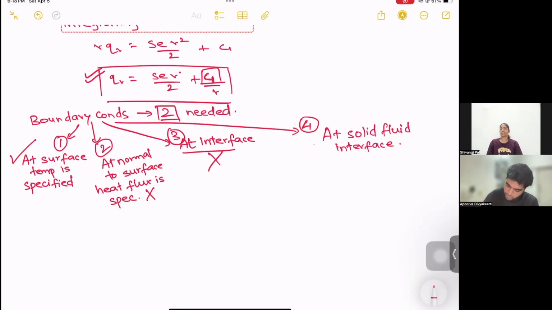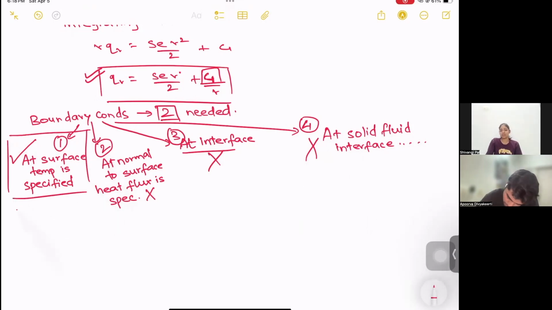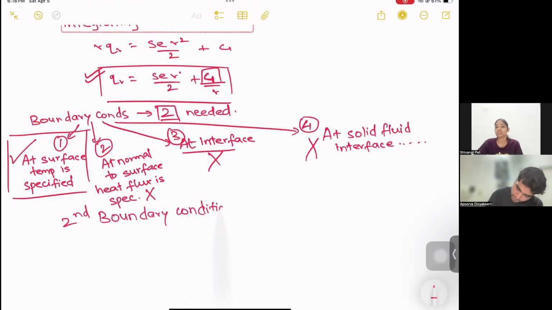So far only one boundary condition is applicable, that is, temperature at the boundary should be specified. But we require two boundary conditions. So what will be the second boundary condition? Do you remember, we mentioned one more boundary condition while explaining the boundary conditions, and that was the logical boundary condition.